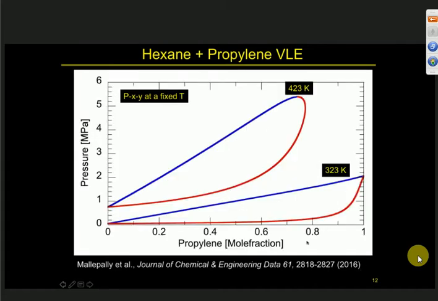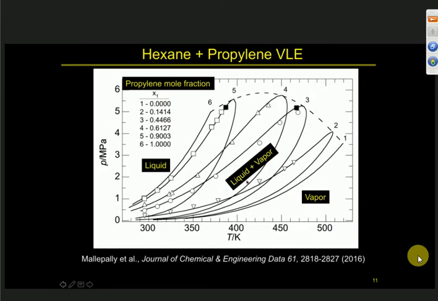Let me go back here. At a fixed temperature, if you draw a vertical line like this, then at all compositions you can read the pressure. This is my bubble point pressure, this is bubble point pressure, this is bubble point pressure. So you get P versus x.